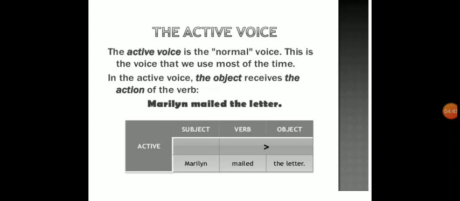This is the voice that we use most of the time, and in the active voice the object receives the action of the verb. So here the letter is the object and it receives the action of the subject, and the verb is mail.